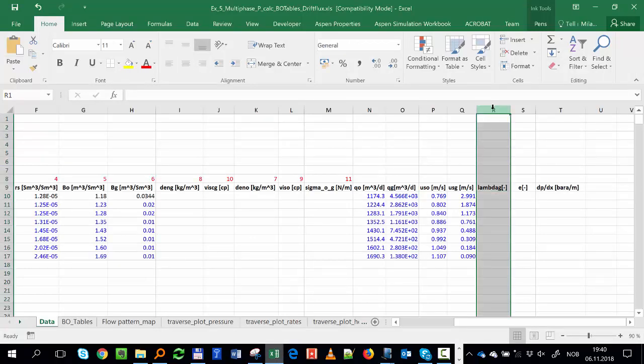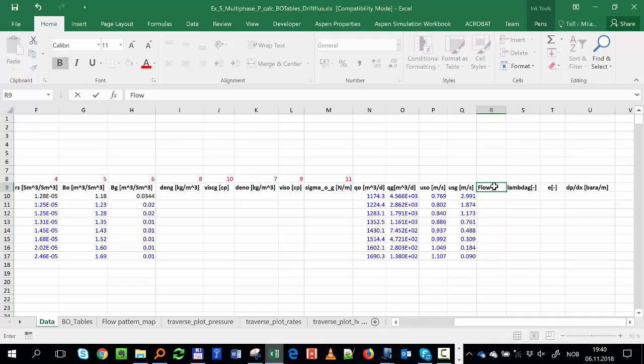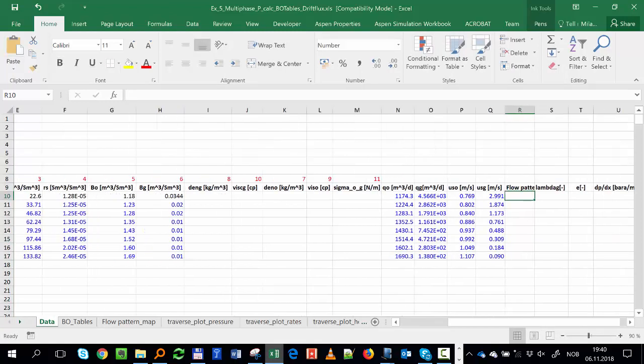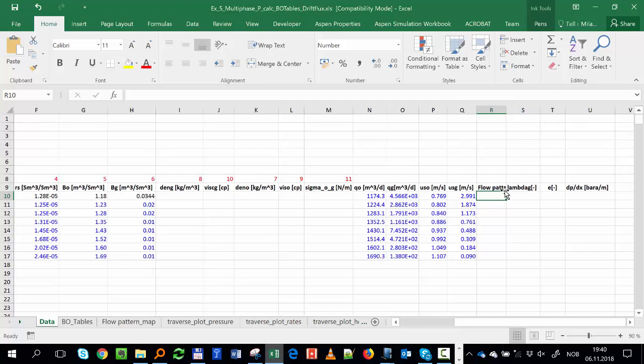Actually, I suggest we add one more column here, and we can call it flow pattern. So we said initially we have bubble. This will be bubble. This one will also be bubble. This guy, what do we have here? 1 and 0.3.